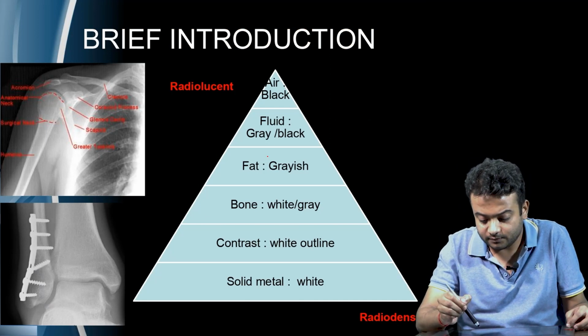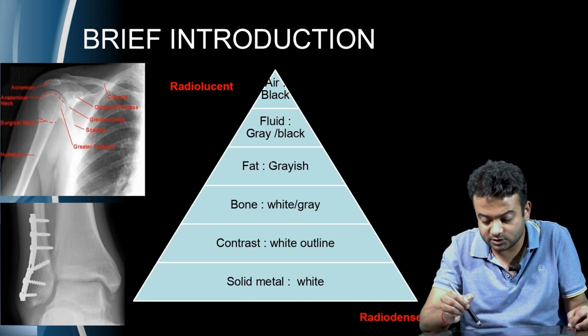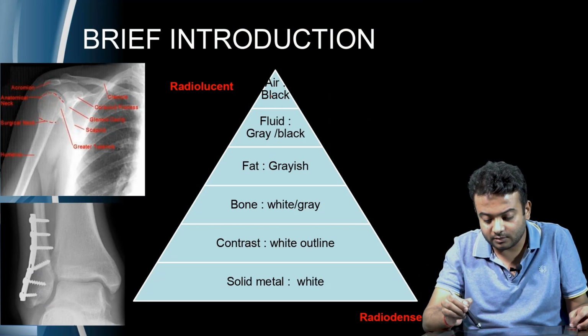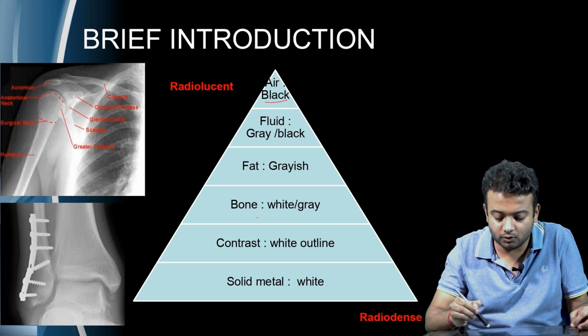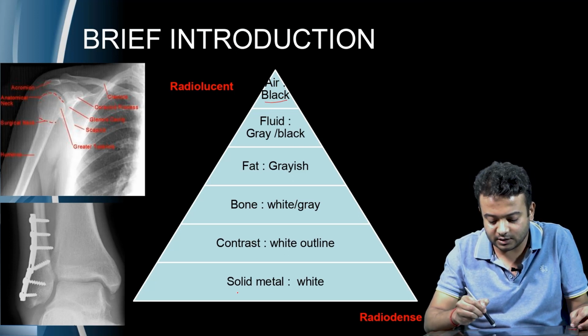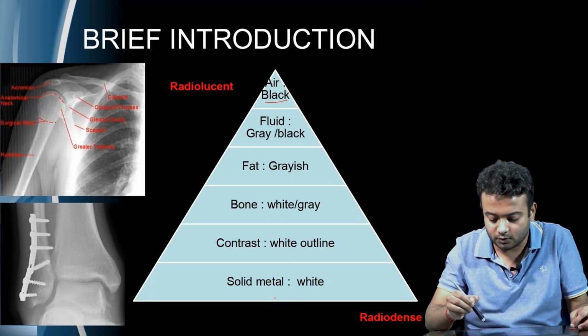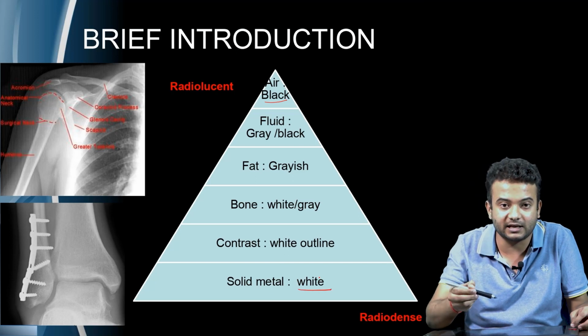Air, fluid and fat are generally towards the radiolucent spectrum, air being the most radiolucent, appearing black, and bone, contrast medium and even solid metal are towards the radiodense spectrum, which appear as white in the X-ray films.